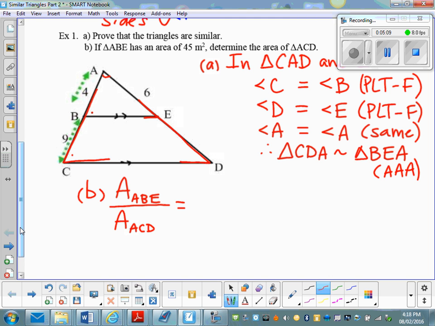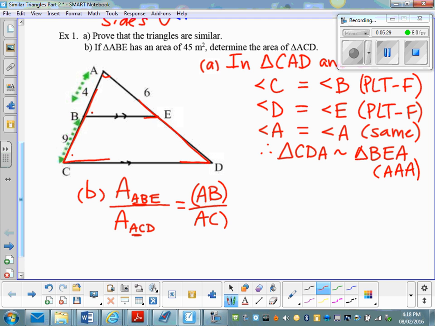So that means that we need to choose corresponding sides in those two triangles. So I'm going to use AB and AC as my two sides here. And it really doesn't matter what you use, except in this case, those are the sides that I know.